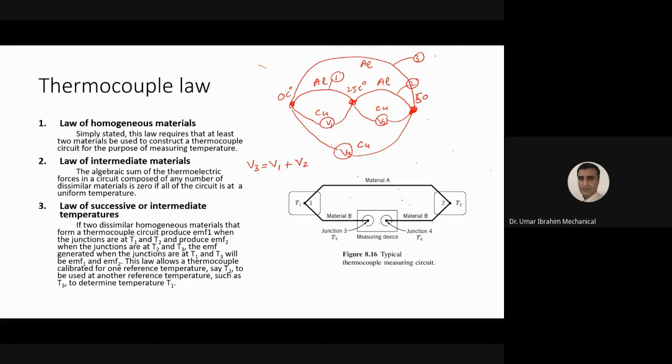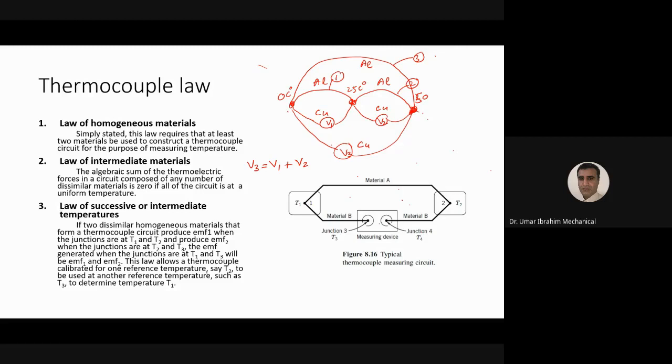If two dissimilar homogeneous materials that form a thermocouple circuit produce EMF1 or V1 when the junctions are at T1 and T2, T1 and T2 being 0 and 25 degrees C, and produce EMF2 when the junctions are at T2 and T3, which is 25 and 50 degrees C, the EMF generated when the junctions are at T1 and T3 will be EMF1 plus EMF2.